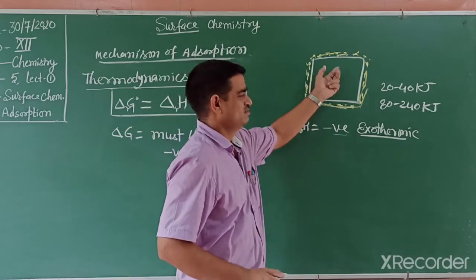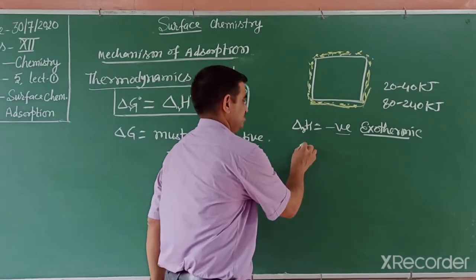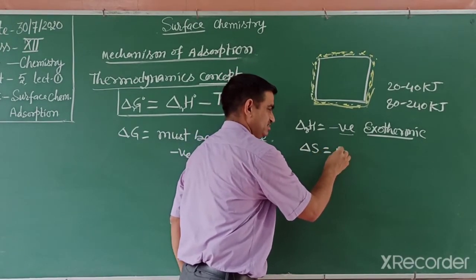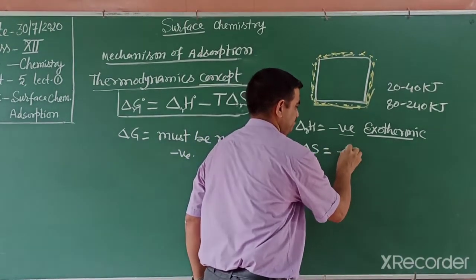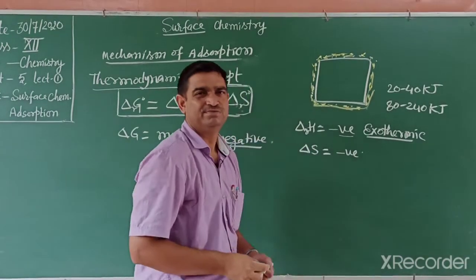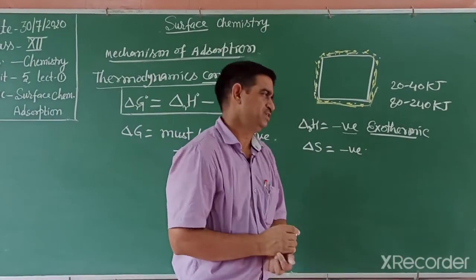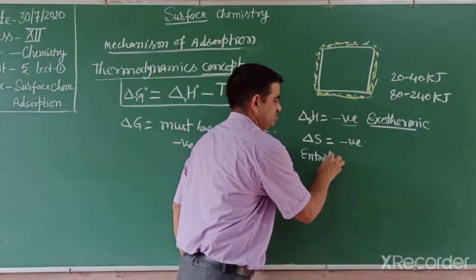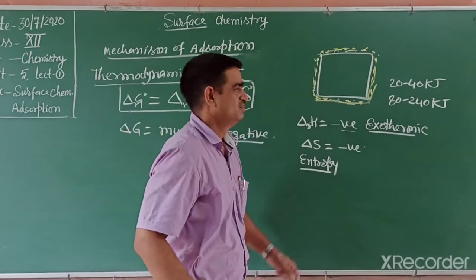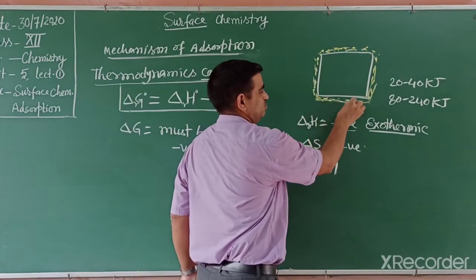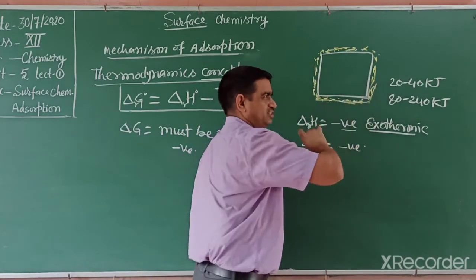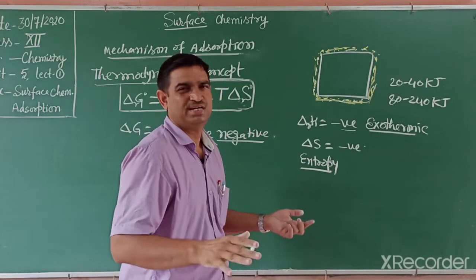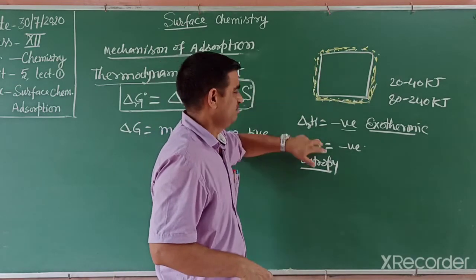It means entropy also decreases, so the degree of randomness decreases. Delta S is negative. Why negative? Entropy is the degree of disorder, randomness. But due to adsorption, the gaseous molecules on the surface are fixed, with no movement, so randomness decreases.